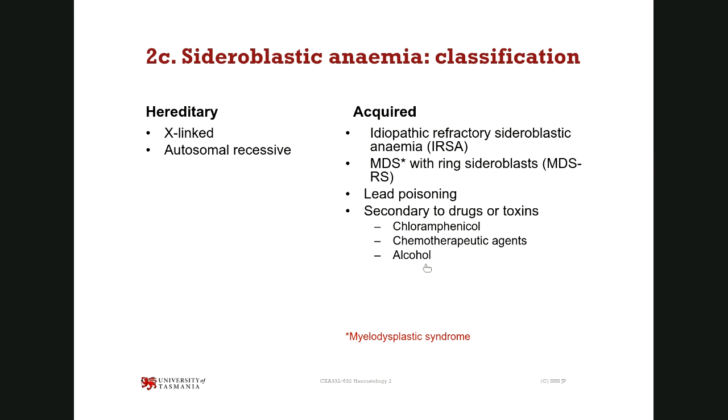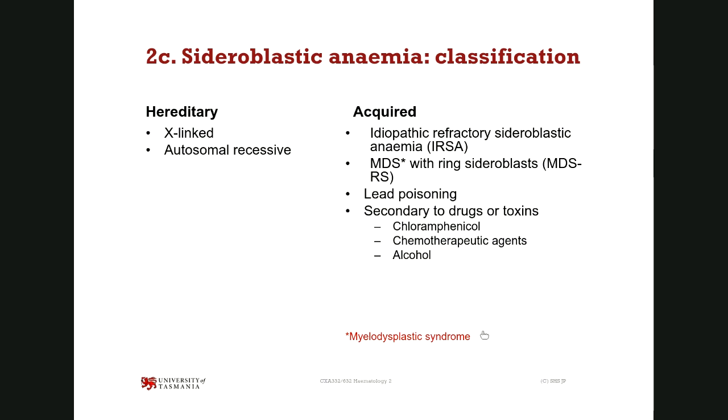So not only does alcohol suppress the bone marrow, but it can also inhibit the enzymes that are used for heme synthesis. So it's a different enzyme to the ones that we see in the hereditary forms, but it still ends up with the same situation.